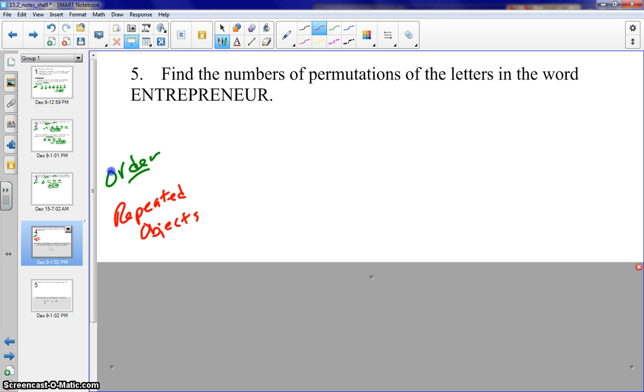You'll hear me say that a lot, repeated letters, because specifically we do this type of problem quite frequently, but it can be any type of repeated objects. So when we're looking at the word entrepreneur, we have a total of 12 letters. Some of those are repeated. For example, if you look at just the first letter, we're looking at E. E is repeated 4 times.